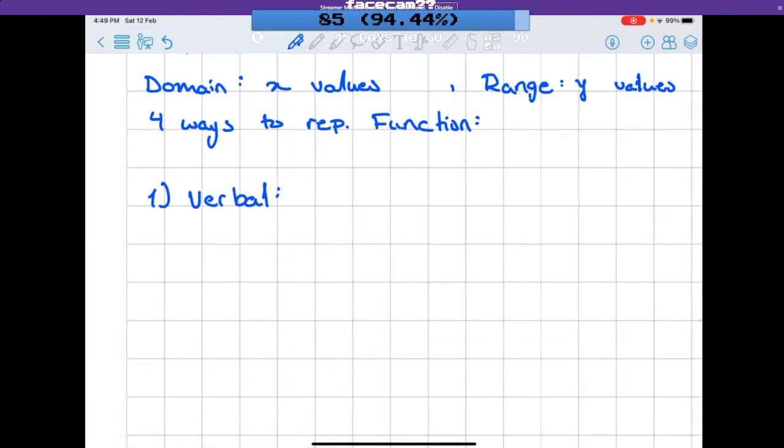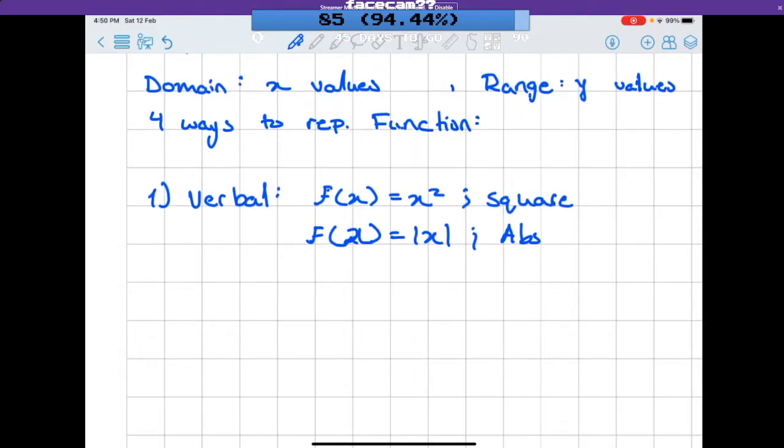So if we had f of x equals x squared, that's a square function. And if we had f of x equals the absolute value of x, that's an absolute value function. Right? So that's basically verbal.